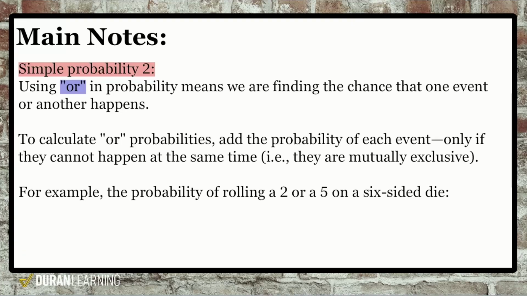The answer is yes, because of the way the word or works. Or means that this works or the other thing works. Yeah, you have choices. Exactly. So when we use the word or in probability, it's the same thing.